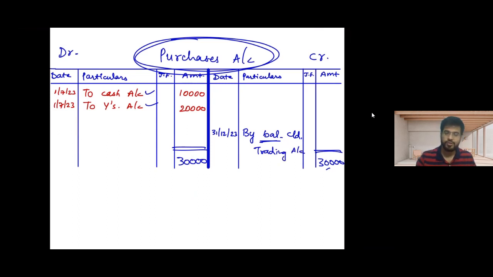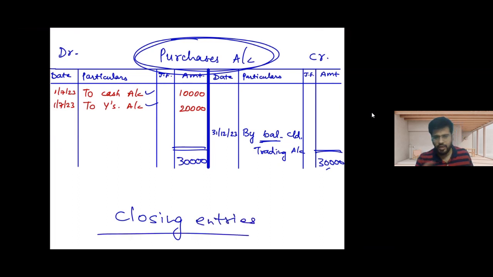So why do we use the trading account? Because this account balance is transferred to the trading account, which will be used in your P&L. That is the closing entries which we need to do. Right now, that topic is not covered. But for now, just understand that all the trading and P&L accounts are transferred to those respective accounts.